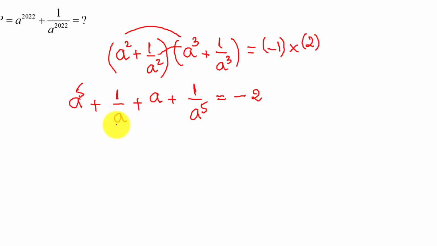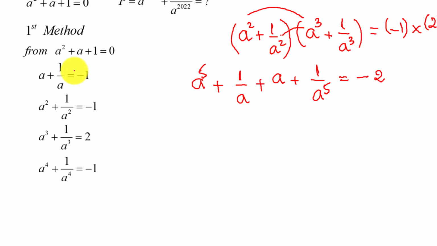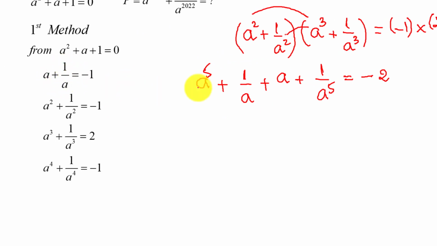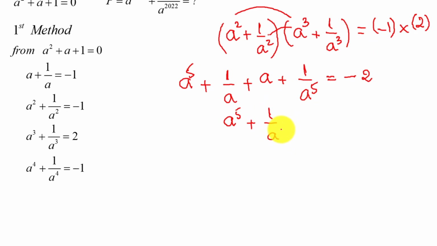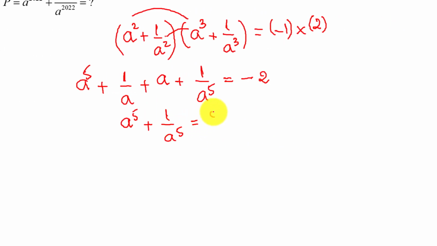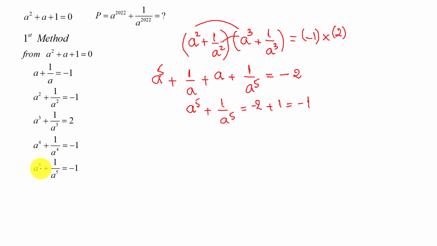And this 1 over a plus a with this equation is equal to minus 1, so I change it to the right hand side and I get a power 5 plus 1 over a power 5 equals minus 2 plus 1, so it equals minus 1. So we have the fifth equation: a power 5 plus 1 over a power 5 equals minus 1.